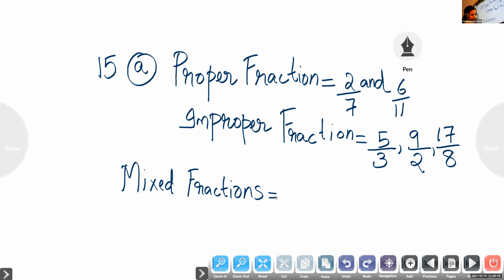Mixed fractions, question number A only. 8 and 1 by 2. 5 and 1 by 3. Then you can say like that. 8 and 1 by 2. You have to read like that. 5 and 1 by 3. 8 and 1 by 2. Then check, is there any more? 13 and 1 by 5. Very good. 13 and 1 by 5.